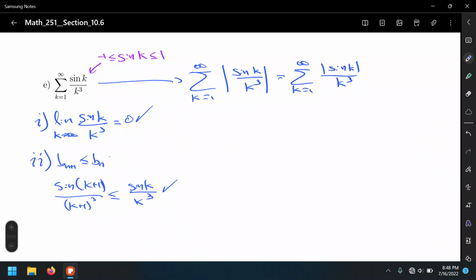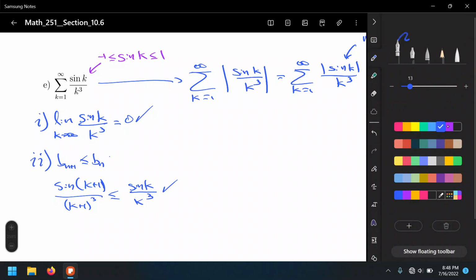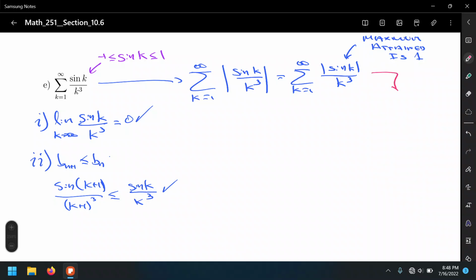Alright, and the maximum attained is 1. So in this case we're going to use comparison, and I'm going to compare this one with the following: sigma k equals 1 to infinity of 1 over k cubed.